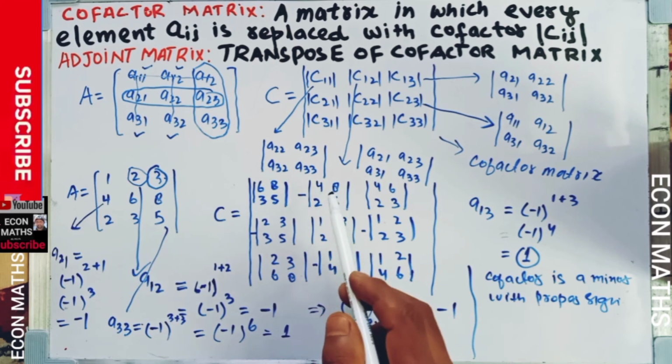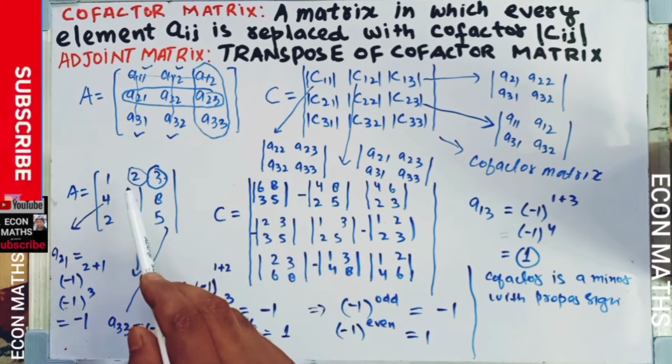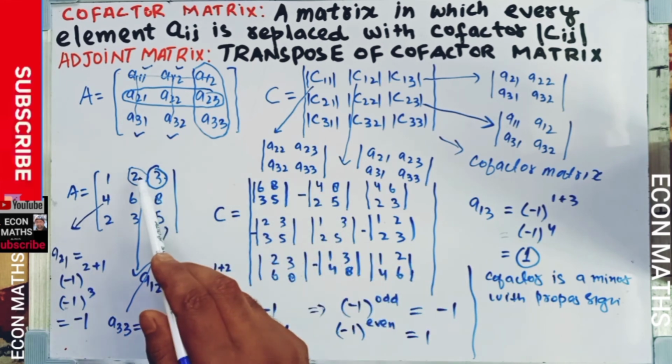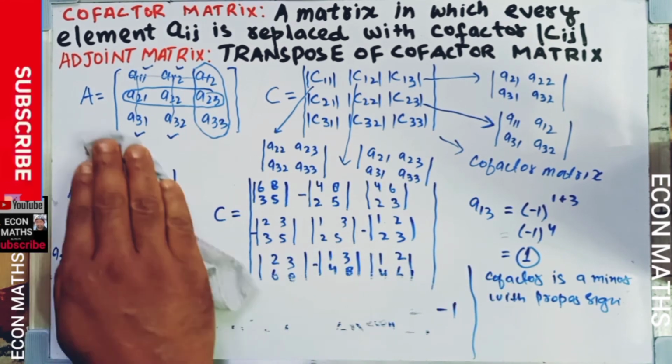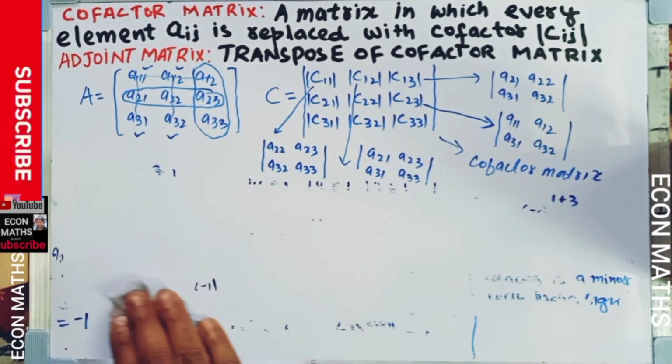The sign of the cofactor depends upon the position of the element, that is, the row number and the column number, as we have seen in these examples. Now this was all about the cofactor matrix. Now the adjoint. So I will rub this out.